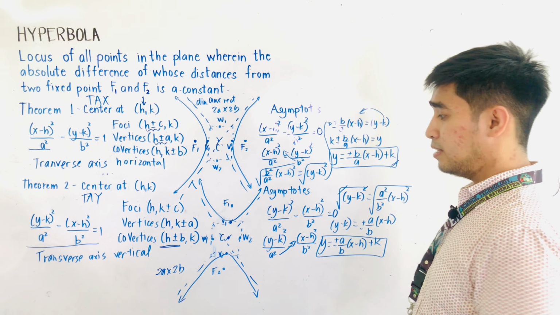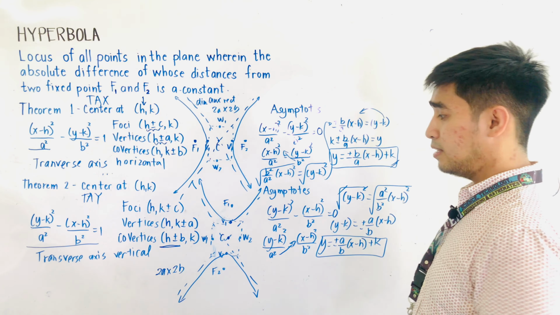Again, I will repeat that in solving for the equation of the asymptotes, you just need to write the equation and equate it to 0, and then solve for the variable y, because that is the equation of the asymptotes.